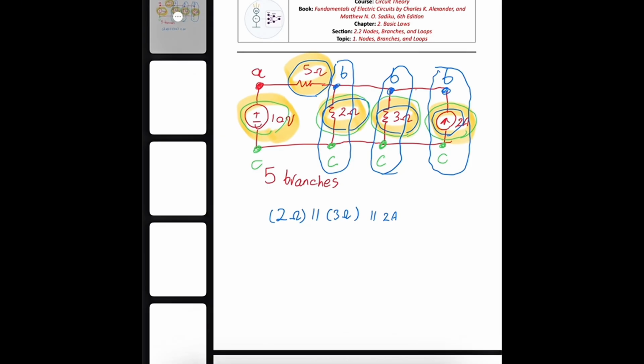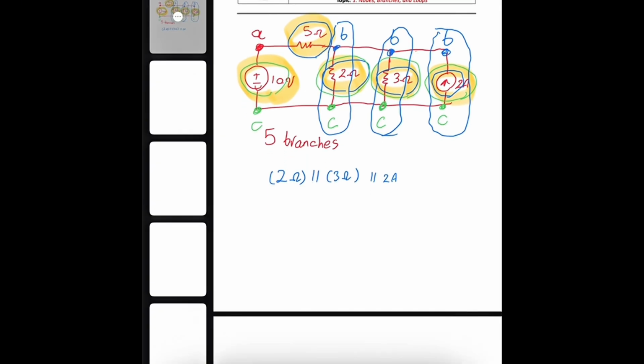We also say that if 2 elements share only one node and are connected end to end, they are in series. So we can have another example. Assume that you have only the first loop. Very soon we will talk about what a loop is. In that case, we will have one node here, one node here, and one node here.